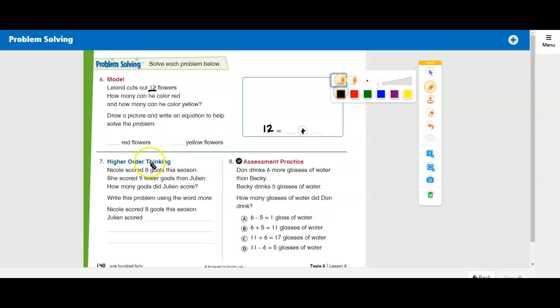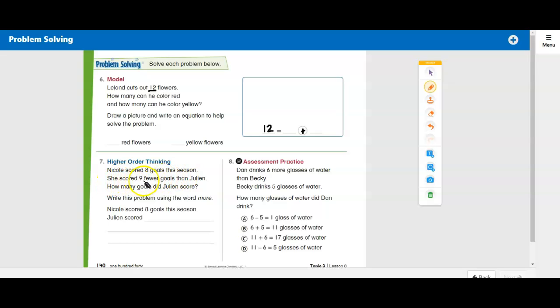Now on problem number 7, we're going to be doing something a little bit different. So do you remember how we said we are working with word problems? Well, it wants us to rewrite a word problem. So our word problem first says, Nicole scored 8 goals this season.